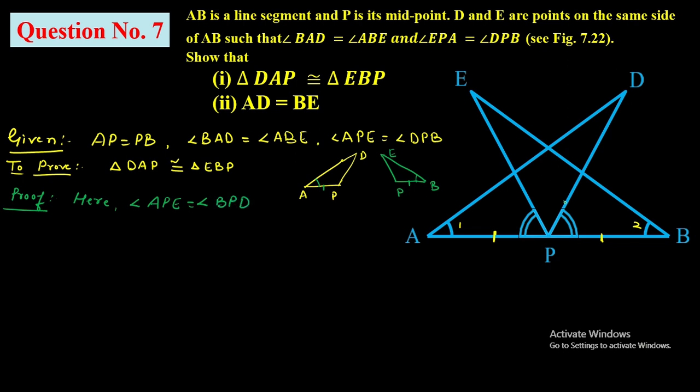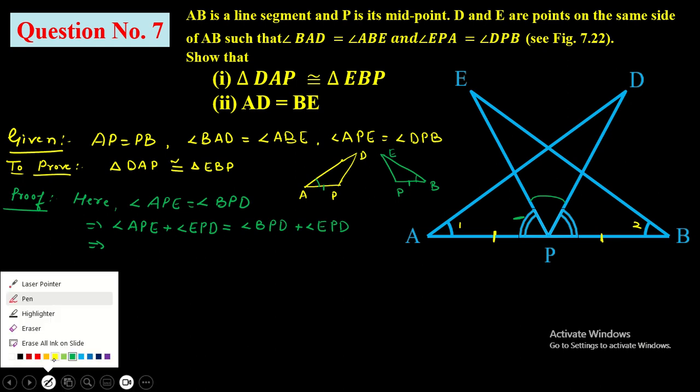If you will add this angle APD to both, angle APE plus angle APD is equal to angle BPD plus angle APD. It implies that angle APE plus angle APD gives us the angle EPD.